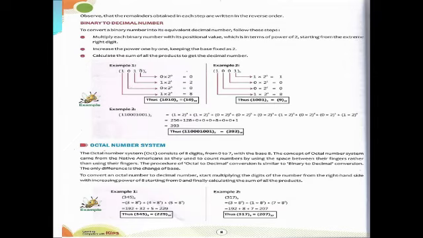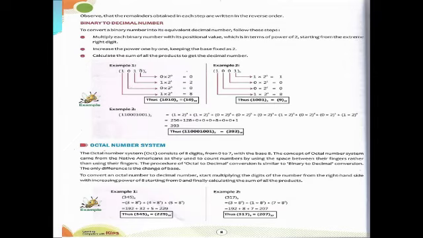To convert an octal number to a decimal number, start multiplying the digits of the number from the right hand side with increasing powers of 8 starting from 0, and finally calculate the sum of the products. Same as the binary number system: 5 multiplied by 8 power 0, 5 into 1 is 5. 4 multiplied by 8 power 1, 8 into 4 is 32.